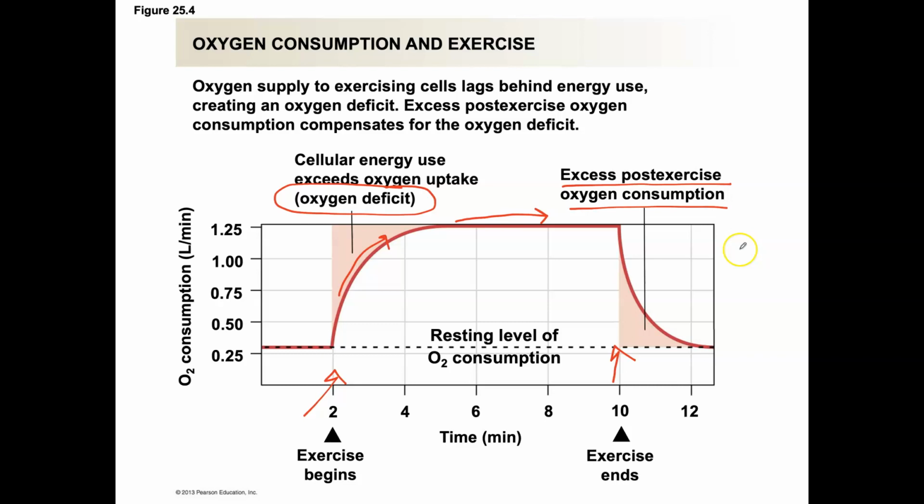So to have enough oxygen to replenish stored ATP, to replenish phosphocreatine, to deal with lactic acid metabolism, to replenish oxygen with myoglobin, you're going to have to go into this EPOC, this excess post-exercise oxygen consumption, in order to make up for the oxygen debt that was created during skeletal muscle activity.